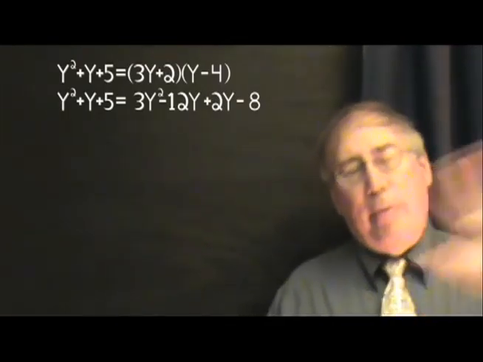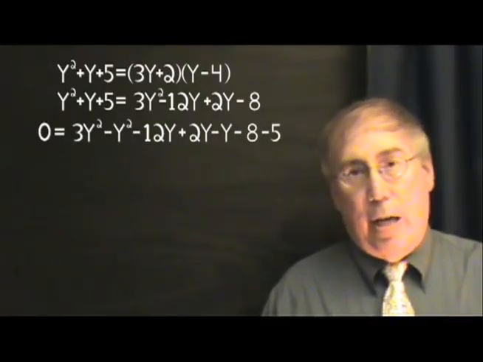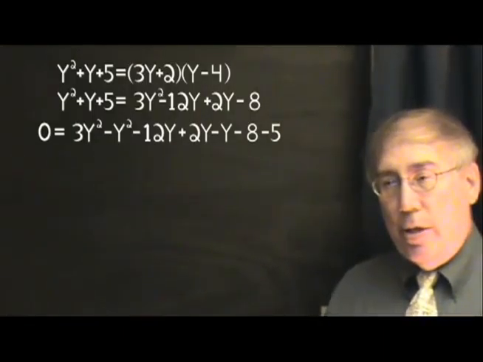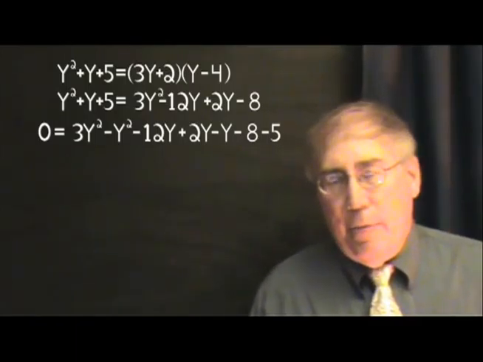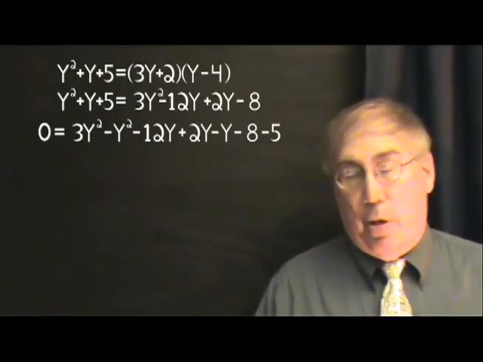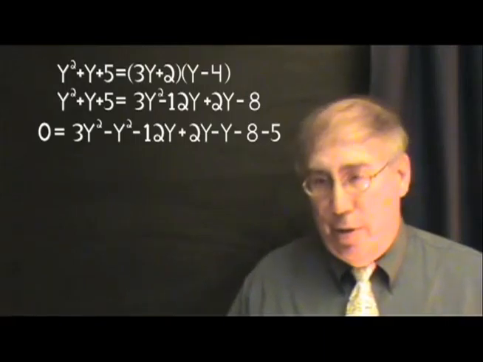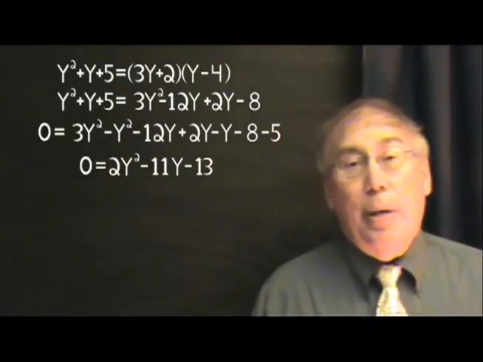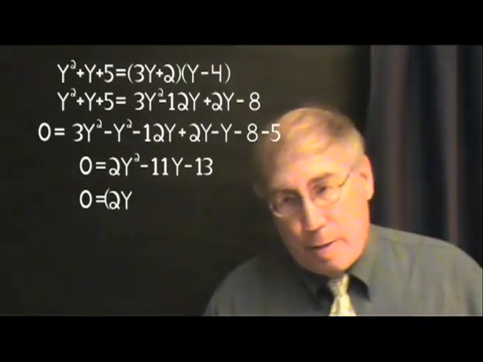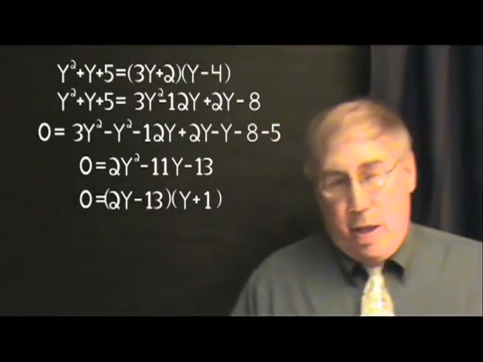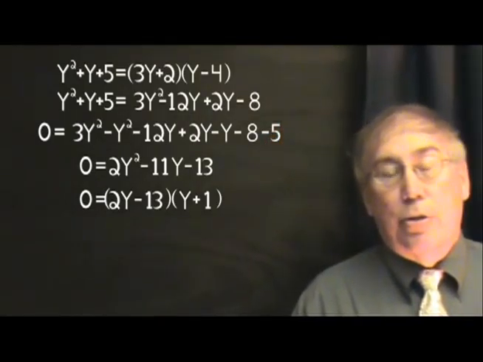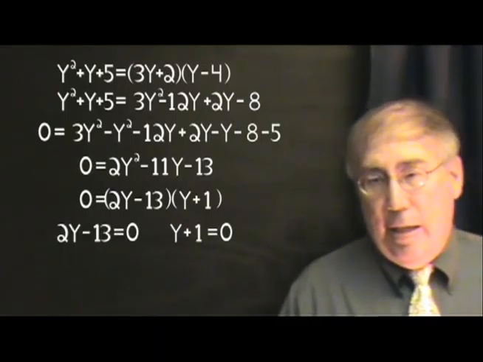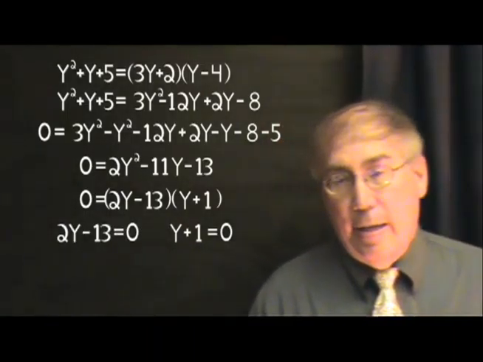Now, let's take everything that's on the left-hand side of the equal sign and subtract it from both sides, and we get a messy situation here that can be cleared up if we combine our terms, our y squares, our y's, and the numbers together. Then we get something that looks a little bit cleaner, and we can factor this, set our factors equal to 0 and solve each one for y.